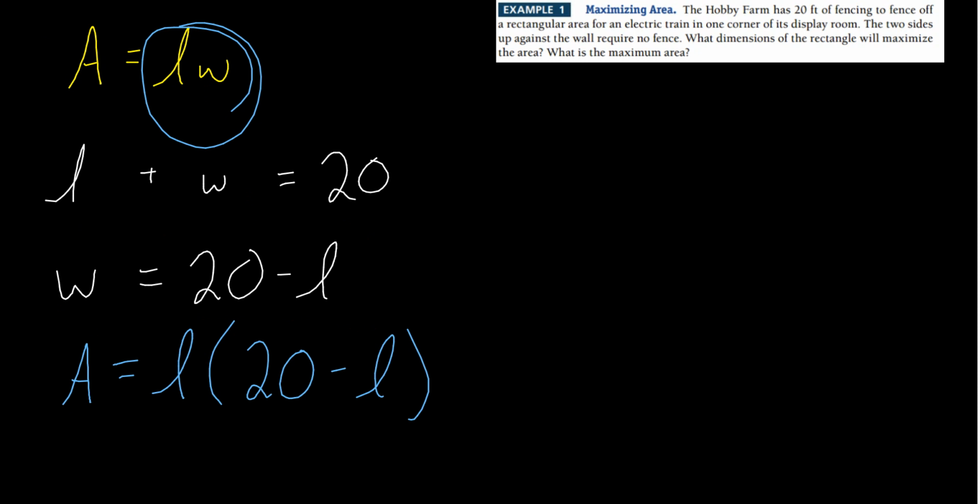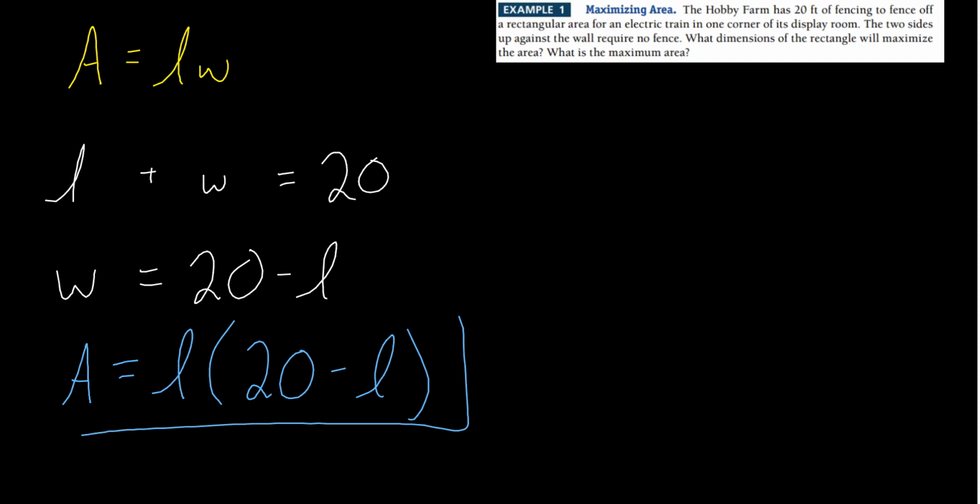So you have to know at least one of the unknowns. In this case, instead of the unknown W, we just change it to an L, and now we have an equation with just one unknown, which is L.